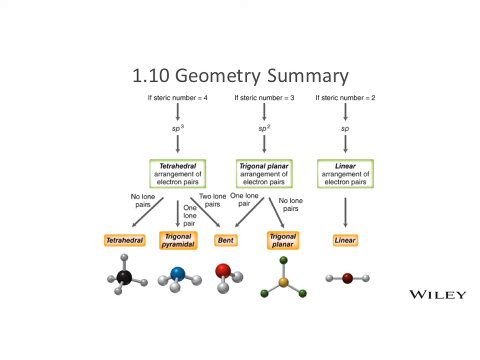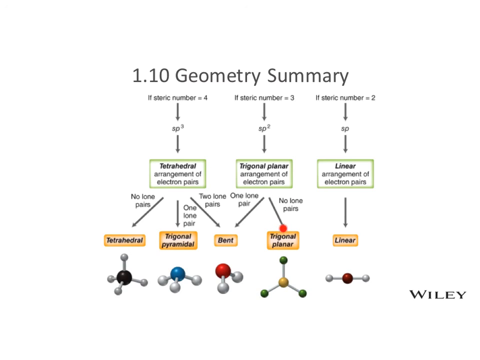How about other hybridizations? If the atom you're interested in, the atom that's going to be in the center and dictate the focus of the geometry, has 3 occupied areas, a steric number of 3, that's sp2. Now the electrons are going to be trigonal planar. That's going to get the electrons as far away from each other as possible, dictated by the valence shell electron pair repulsion ideas you've learned in the past.